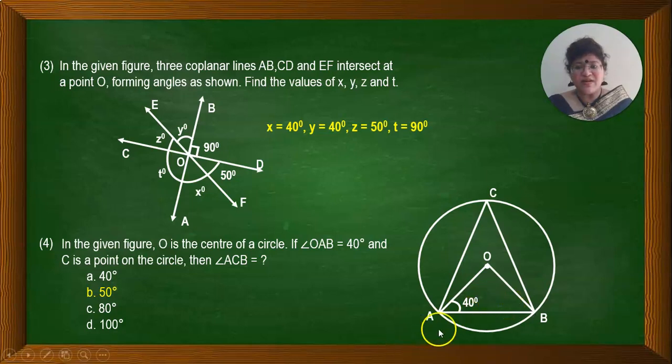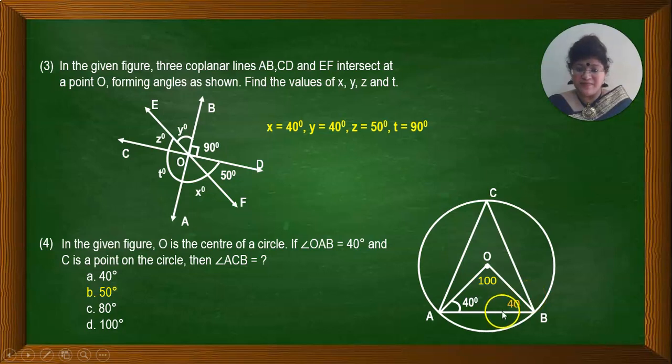In an isosceles triangle, the base angles are equal. So if angle OAB is 40, what will be OBA? That will also be 40 degree. Use angle sum property in this triangle AOB. What will be the measure of angle O? It will be equal to 100. Only then they total up to 180 degree.